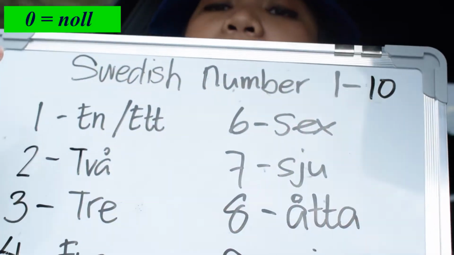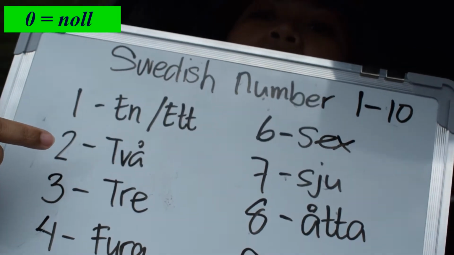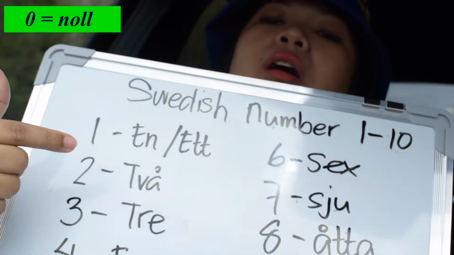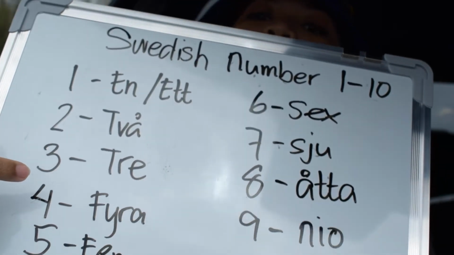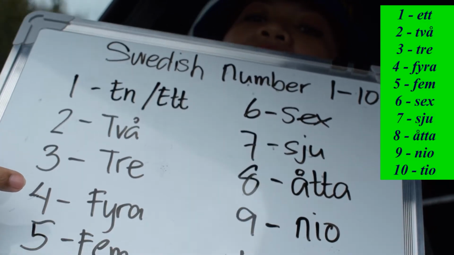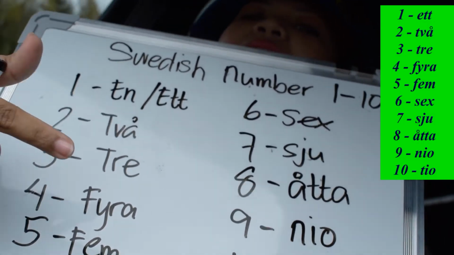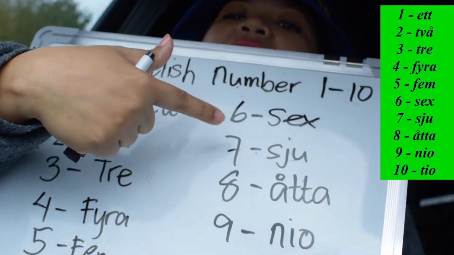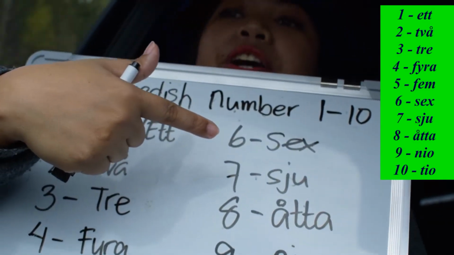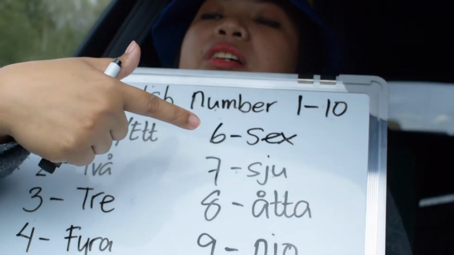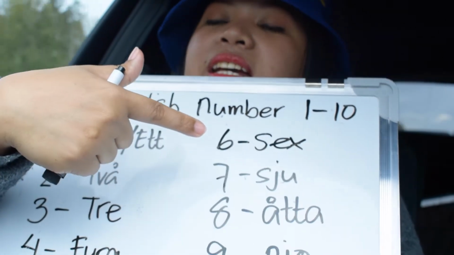And 2, 3, 4, 5, 6, ja, you heard it right. In Swedish, 6 is sex.